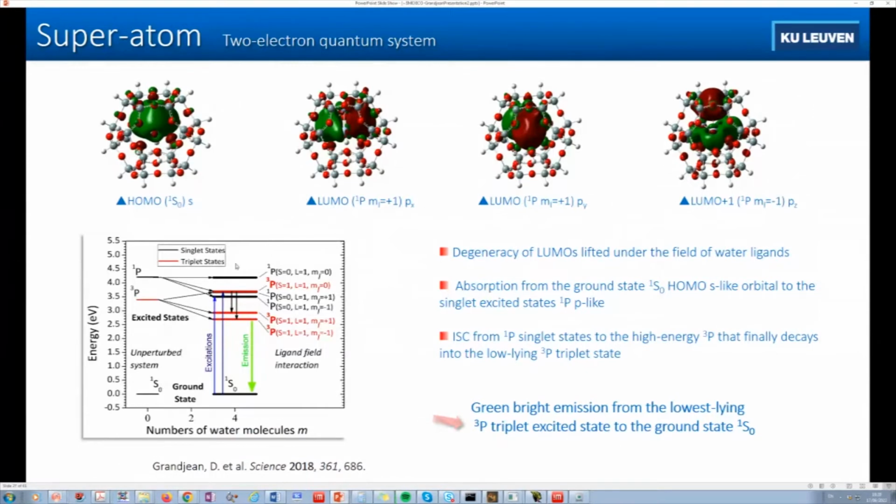We also show that the water molecule was lifting the degeneracy. So you see this is with no water, and then suddenly if you put water, you see the separation of the states. And we concluded that the emission was coming from the lowest-energy triplet state, and this is here.